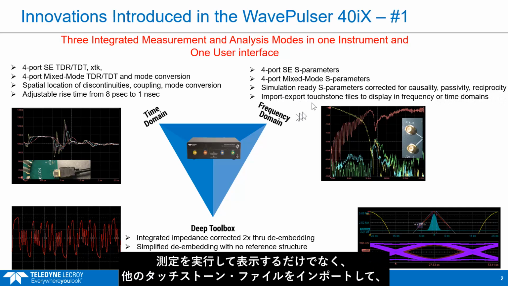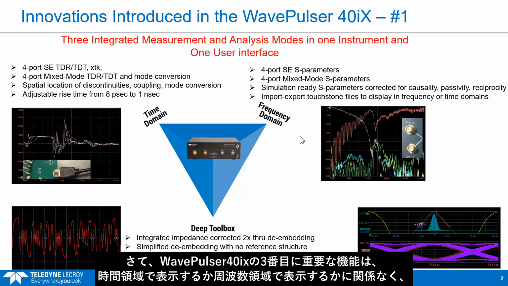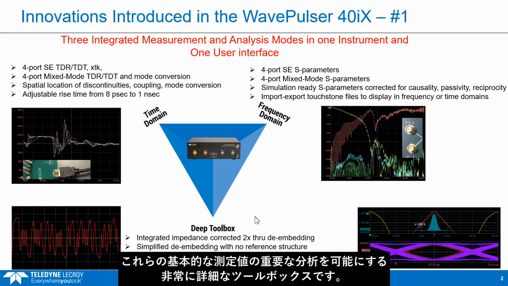In addition to performing the measurements and doing the display, we can also import other touchstone files and display them along with the measured results, either in the frequency domain or the time domain. Well, the third important feature in the WavePulsar 40iX is a very deep toolbox that allows us to do important analysis of those fundamental measurements, whether displayed in the time domain or displayed in the frequency domain.